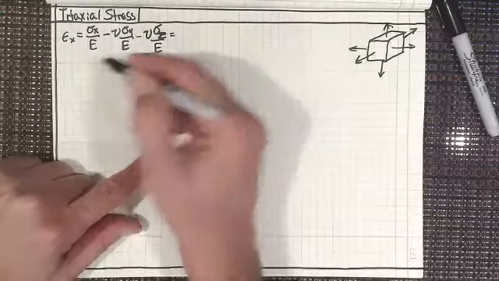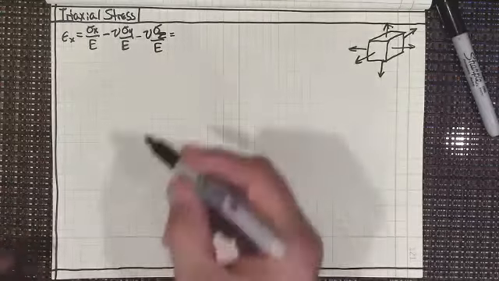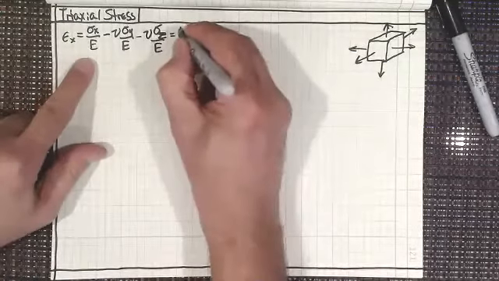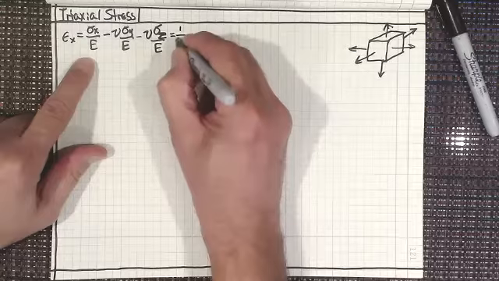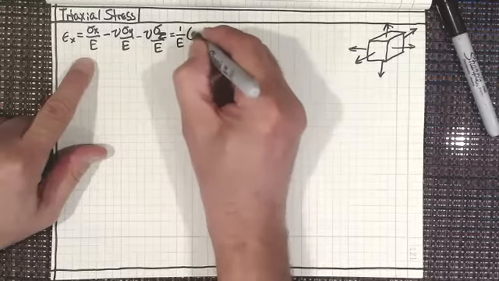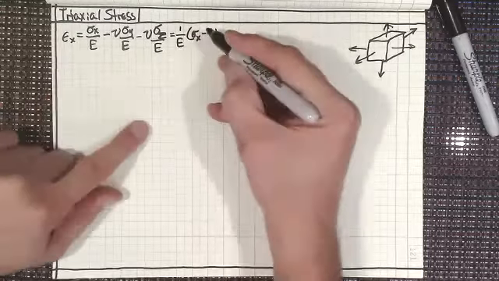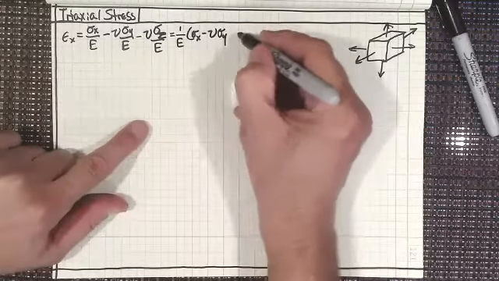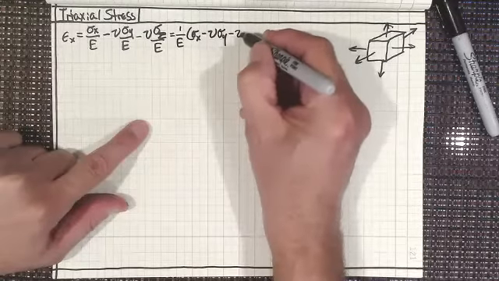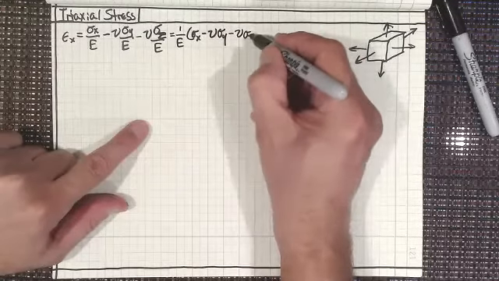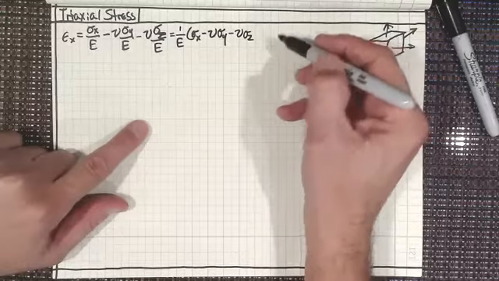Minus Poisson's ratio times the stress in the z direction, divided by Young's modulus. And if I wanted to simplify that, I have 1 over E times sigma sub x minus Poisson's ratio times sigma sub y minus Poisson's ratio times sigma sub z, right?